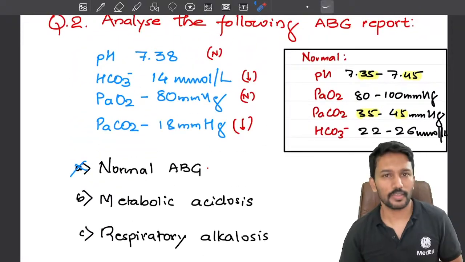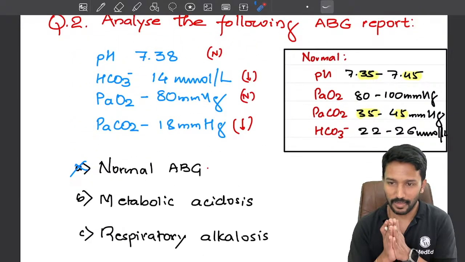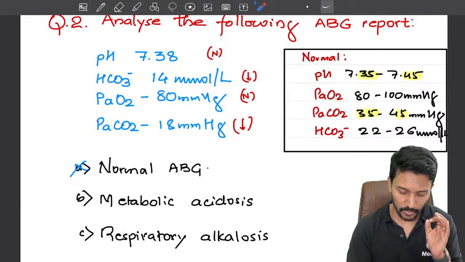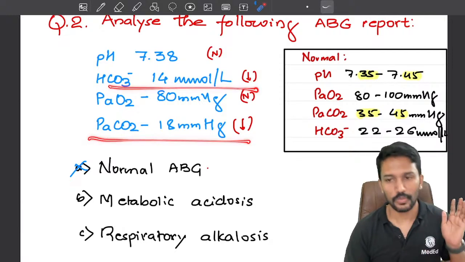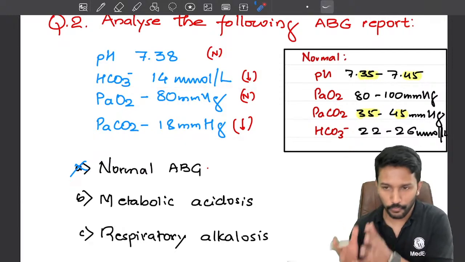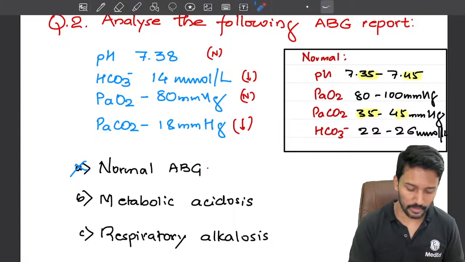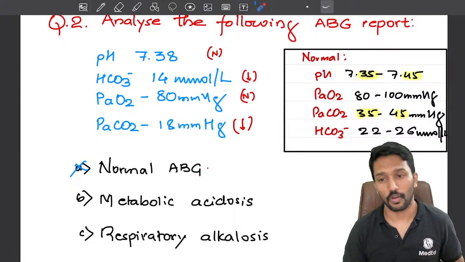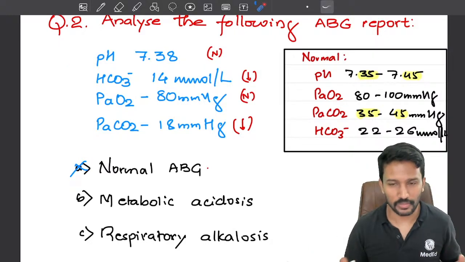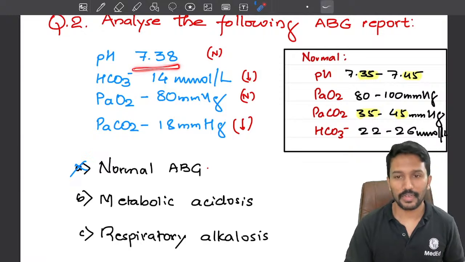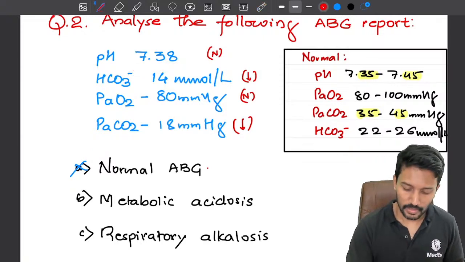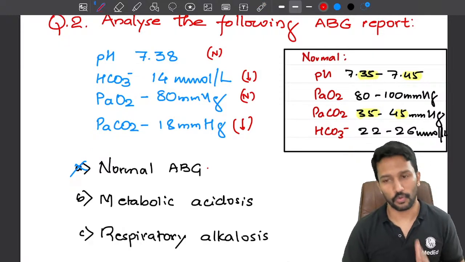So we clearly know that this is not a normal acid base report because the bicarb is low and PaCO2 is low. Okay, now from the algorithm I have to apply the situation where the pH is normal, means pH is not outside the range, right? Now I have to decide acidosis or alkalosis. What is the cutoff that we are using? 7.4. Less than 7.4, in that case we will call it acidosis.